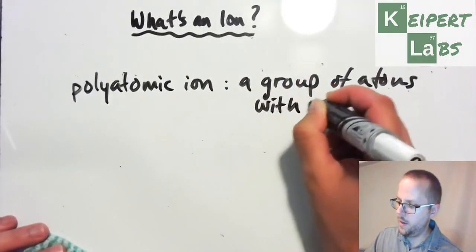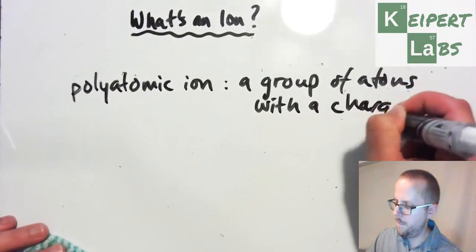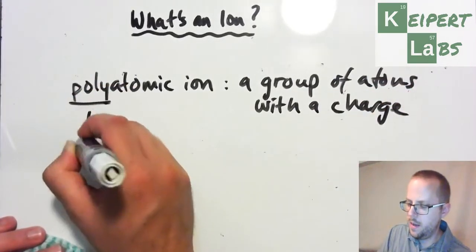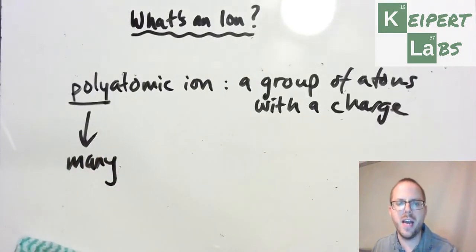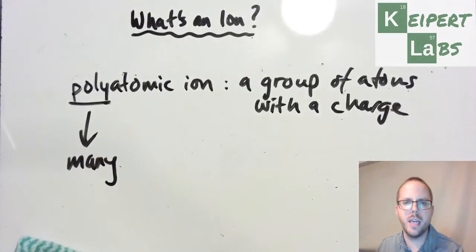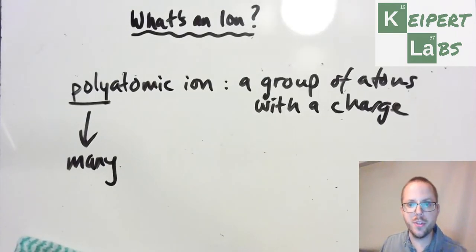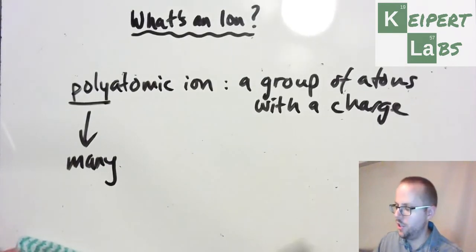Because poly refers to many in Greek. So we've got an ion that has more than one atom connected together. So they're connected together as a group, and that group has a charge.